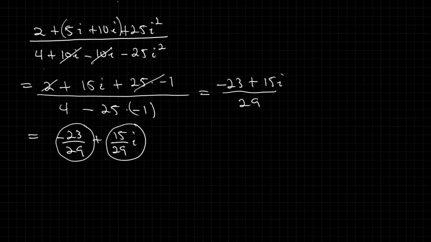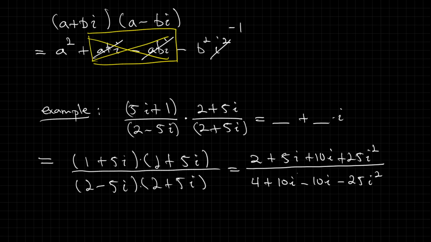So recapping, to summarize, the steps here are to first multiply numerator and denominator by the complex conjugate.